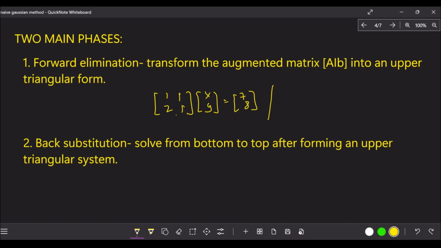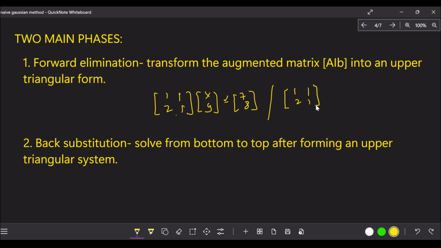So we're going to have this as an augmented matrix. We just have this as 1, 1, 2, 1.